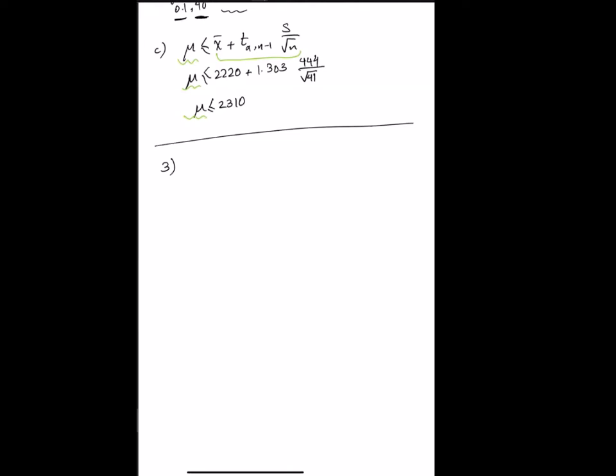So here, we want to construct a confidence interval for the proportion of a characteristic of interest in the population. The formula for a two-sided confidence interval is p hat plus or minus.